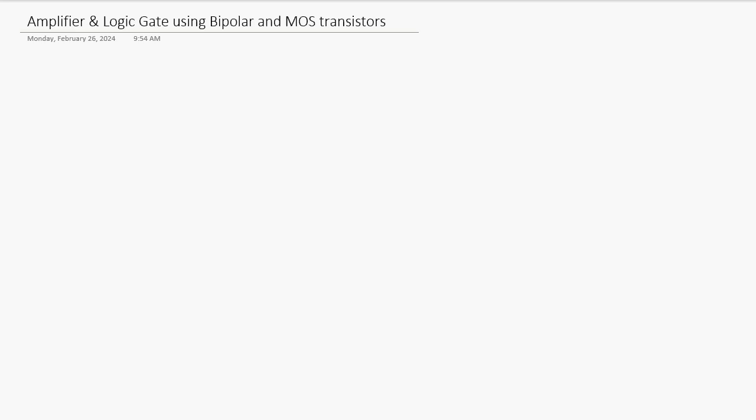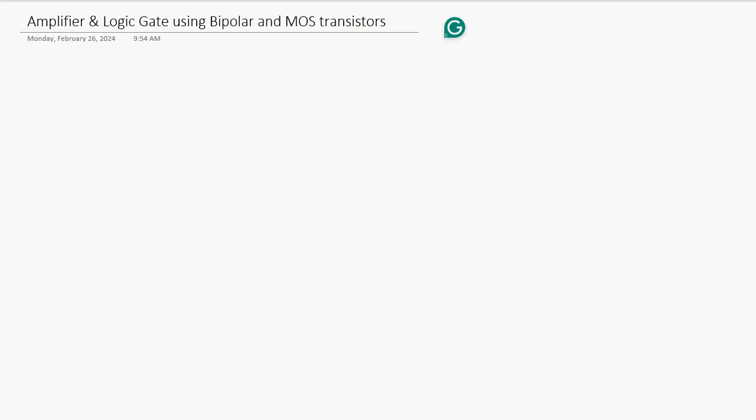Two key important things: the bipolar transistor goes by an exponential curve, and the MOS transistor goes by a square curve, the voltage squared. And the bipolar transistor is rather a current driven transistor, and MOS is a voltage driven transistor.